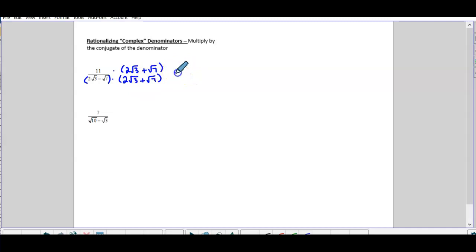Sometimes I leave it in factored form in the numerator until I see what the denominator simplifies to. So now first term squared is 4 times 3 is 12. Second term squared is 7.